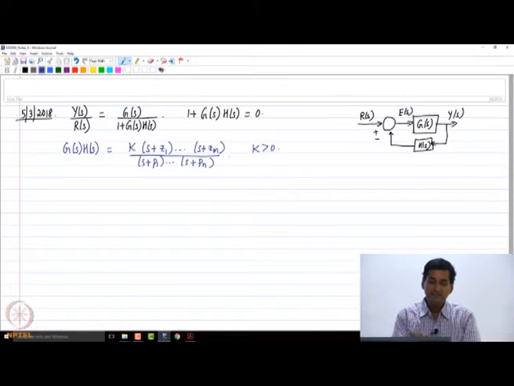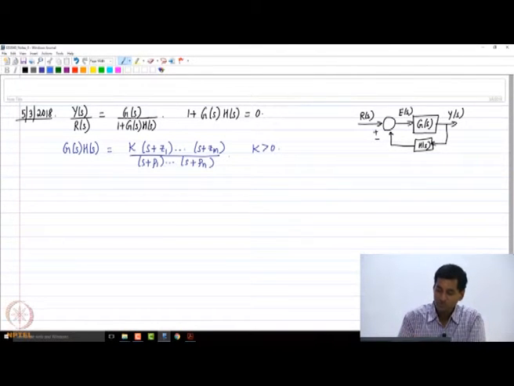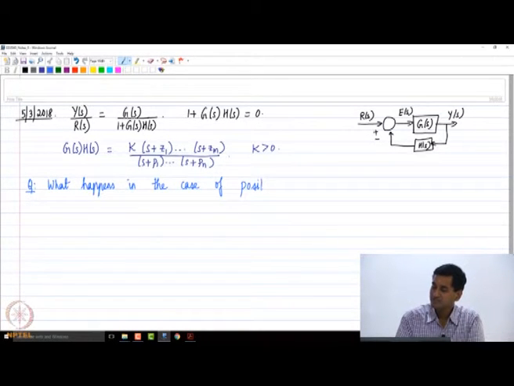Now the question that we are going to ask ourselves today to begin with is, what happens in the case of positive feedback? Suppose we had positive feedback with everything else remaining the same.